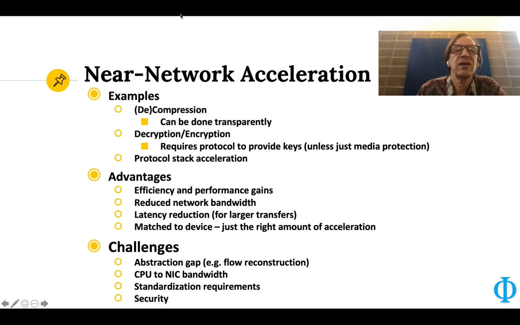Some of the challenges with integrating an accelerator in the network adapter are first, what I call the abstraction gap, and we'll talk about this a few different times.